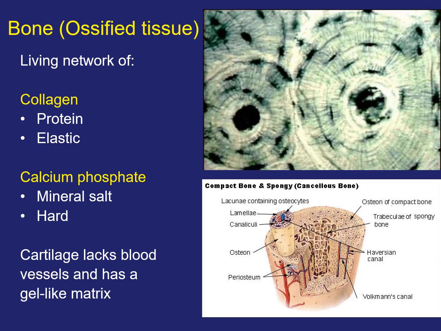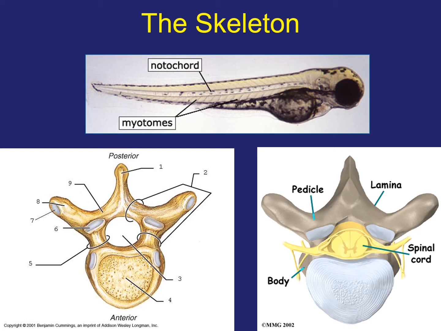And then we have these solid salts that resist compression. And together, that makes for a very strong substance. At the top here, we have a very young fish, a fish fry, as they're usually called. We have a notochord, that's a flexible rod that's found in all chordates at some point in their life history.